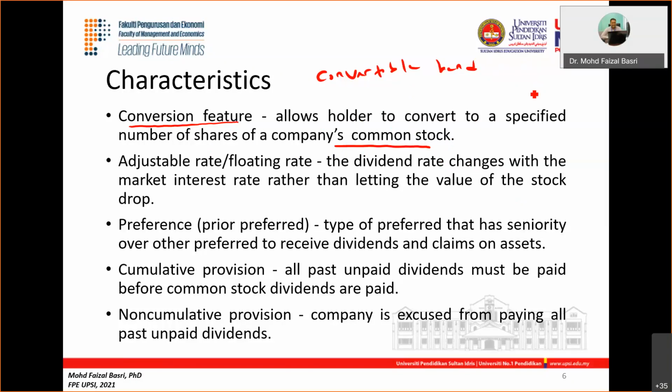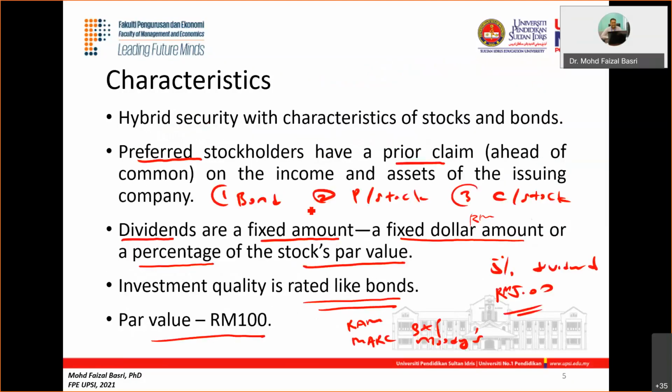As you can see from this list, if you convert from preferred into common stocks, your ranking in terms of priority of claims will switch. Instead of receiving in the middle, you are going to receive last in terms of your return. However, as a common stockholder, you are actually the owner of the company.